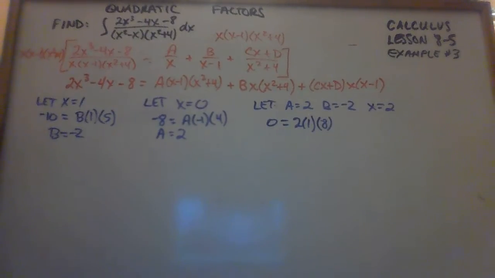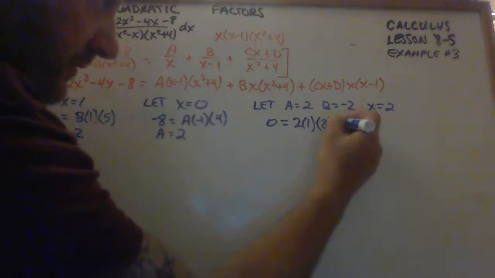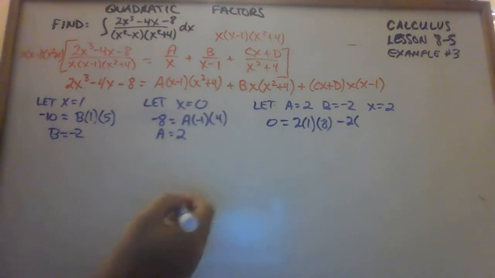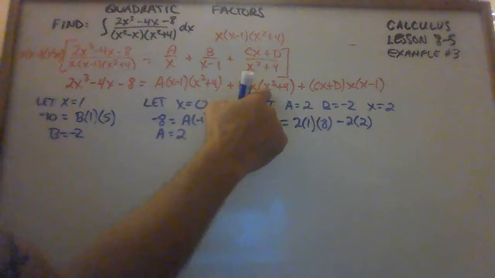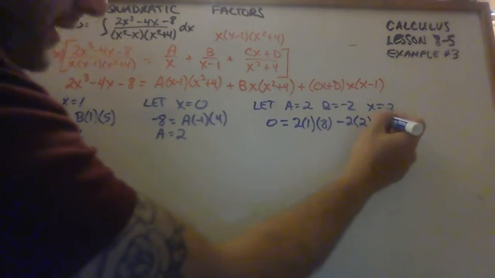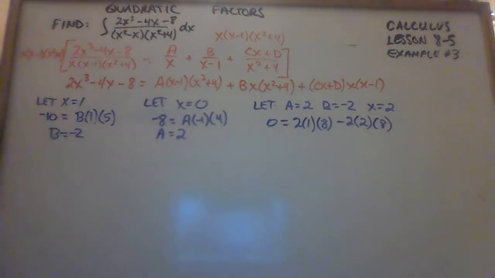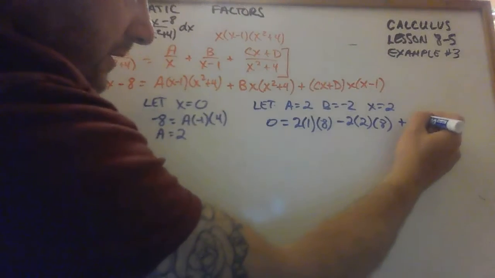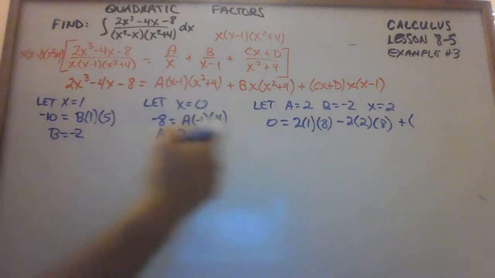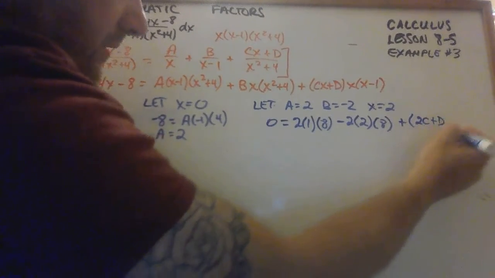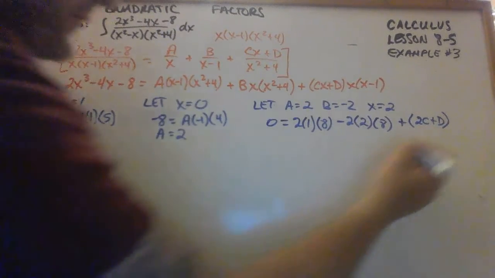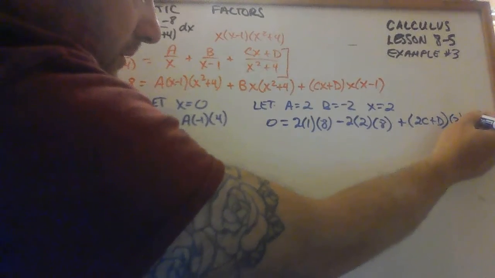And then I get, let's see, B is negative 2, so this is minus 2 times x is 2 again. And then this is 4 plus 4 is 8 again. Plus, all right, C times x is 2, so this is 2C plus D. x is 2, so this is times 2 minus 1, which is 1.